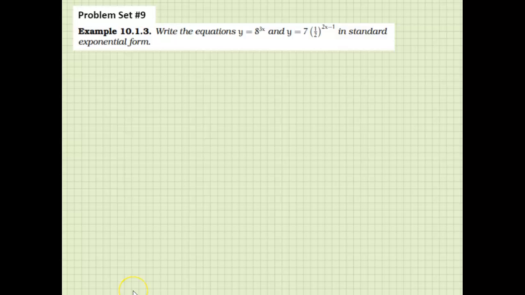The standard form of an exponential function is y equals some constant a times b to an exponent. Now this can be adjusted if you want to do vertical or horizontal shifts, stretches, things like that. But this is the standard exponential form.